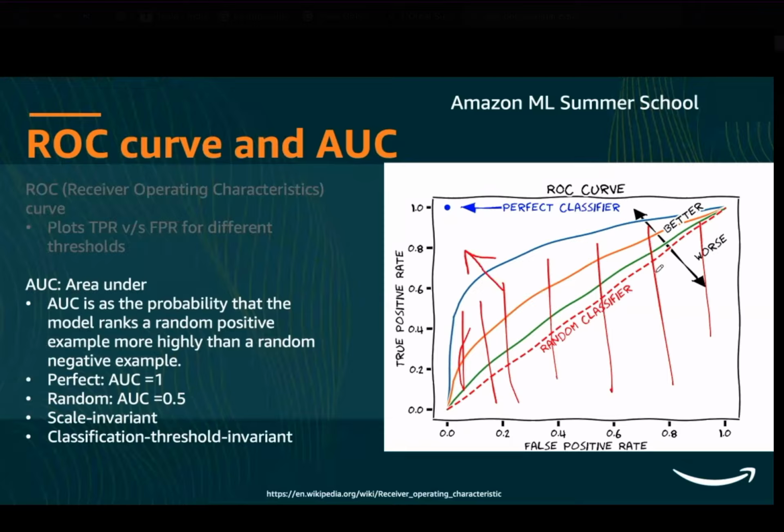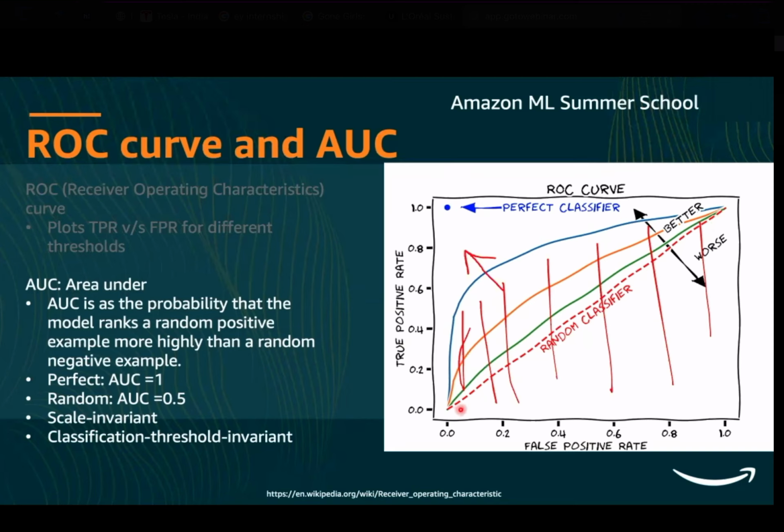The more the area, the better the classifier. It can be understood as the probability that the model ranks a random positive example more highly than a random negative example. The perfect AUC is one, which would be here. This would be the perfect classifier.